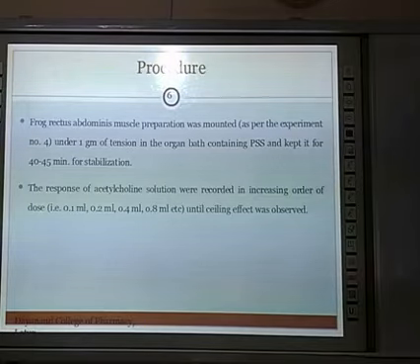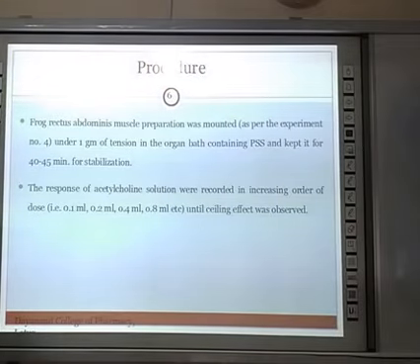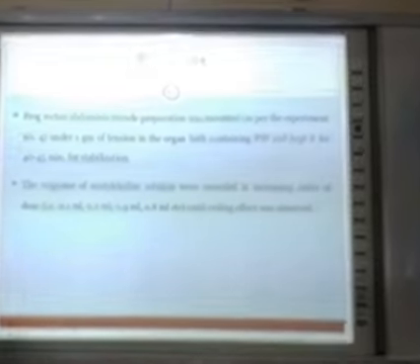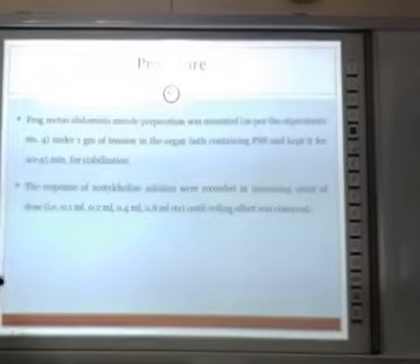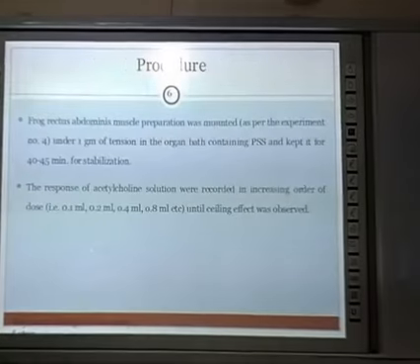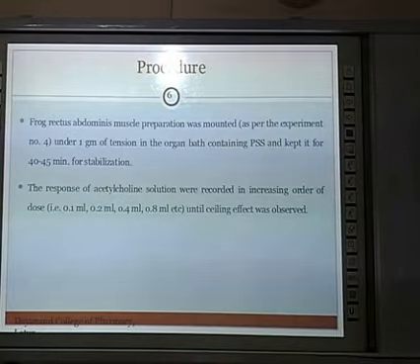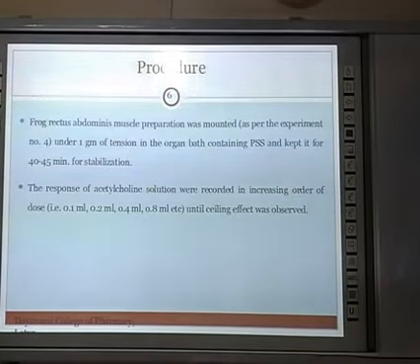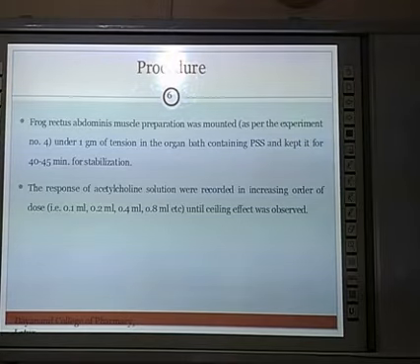Next, the responses of acetylcholine solution were recorded in increasing order, that is 0.1 ml, 0.2 ml, then 0.4 ml, then 0.8 ml. So increasing doses of acetylcholine solution are recorded until the selling effect is observed.